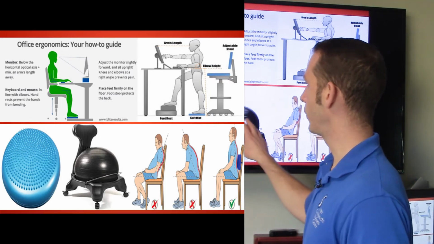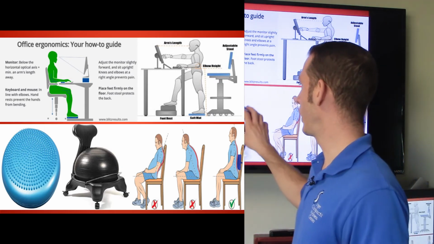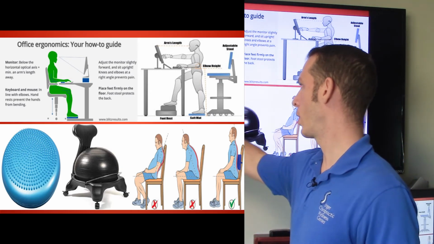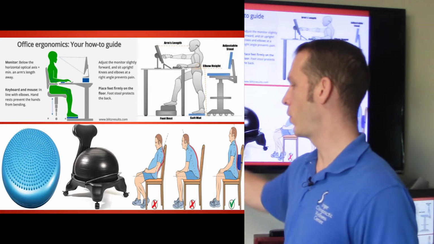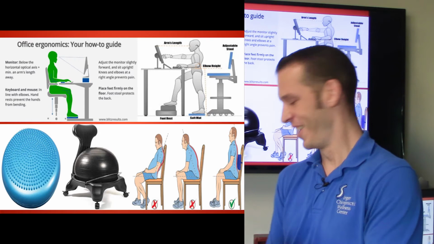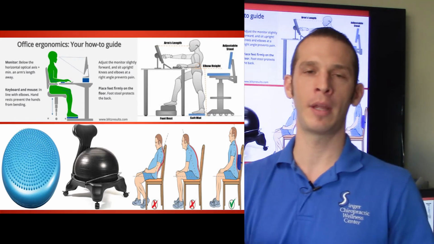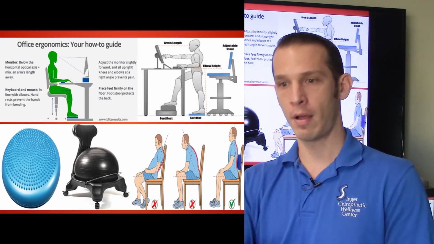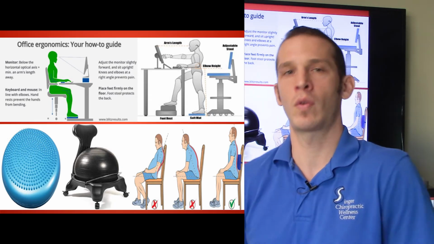Here, you can get different things to kind of help assist core muscle strength, right? So you can get a ball or a balance cushion. It kind of looks like a little whoopee cushion. You put it on your chair, you sit on top of it. What ends up happening is it provides a little instability of your lower back, which forces you to start to engage your core muscles.